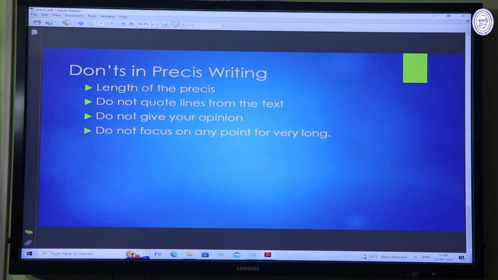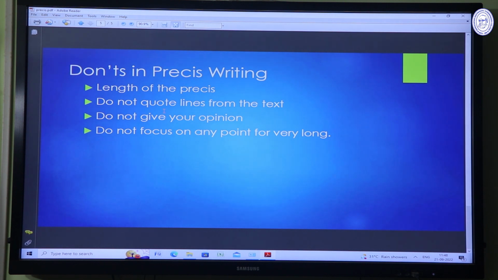You are not supposed to borrow any line or any phrase. A word you can take, but not the entire line from the text. That is a very poor way of writing a Precis. You cannot quote from the text. Quoting means exact replication of what is there in the text. If you are quoting, nobody will read your Precis; the person will read the entire text. So, no quoting, no borrowing from the text.